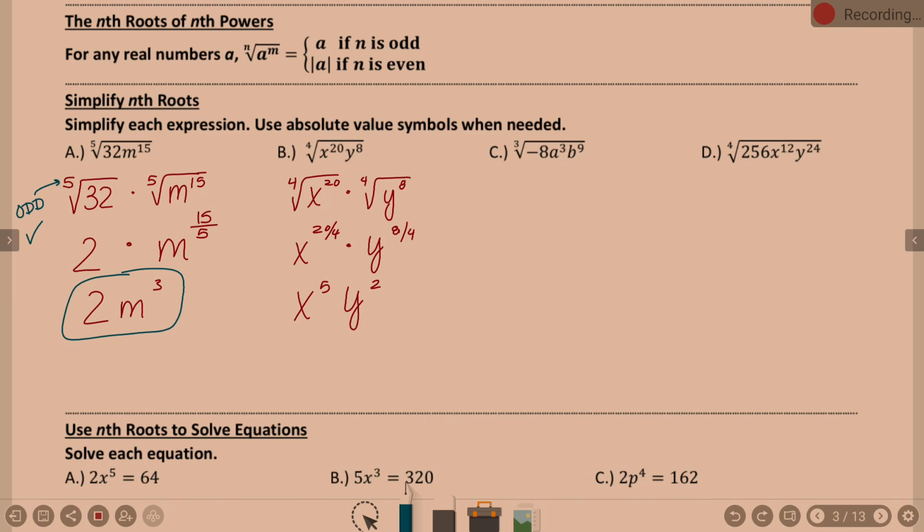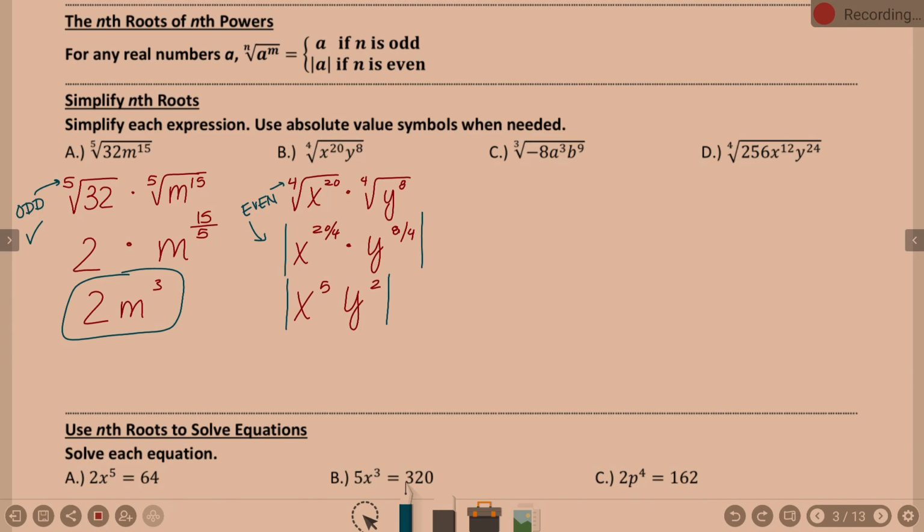What kind of root is this? This is a 4th root, so this is an even root. Because it's an even root, we need to consider, I use the word consider, they may or may not stick, absolute value around the problem. Because here's the deal.